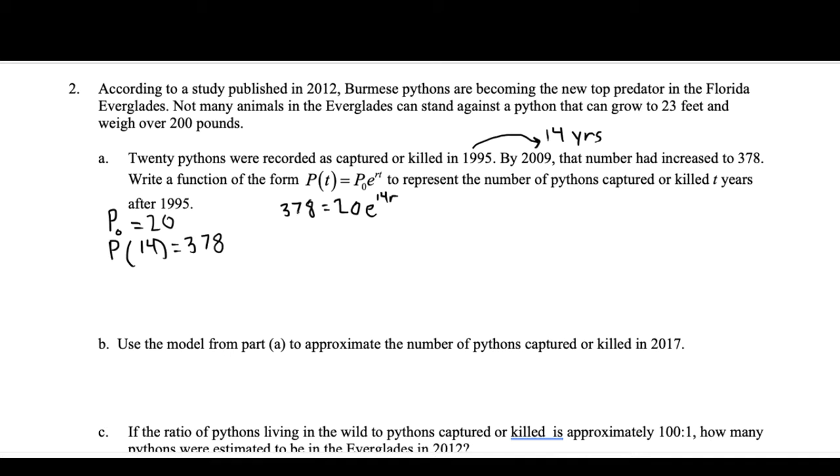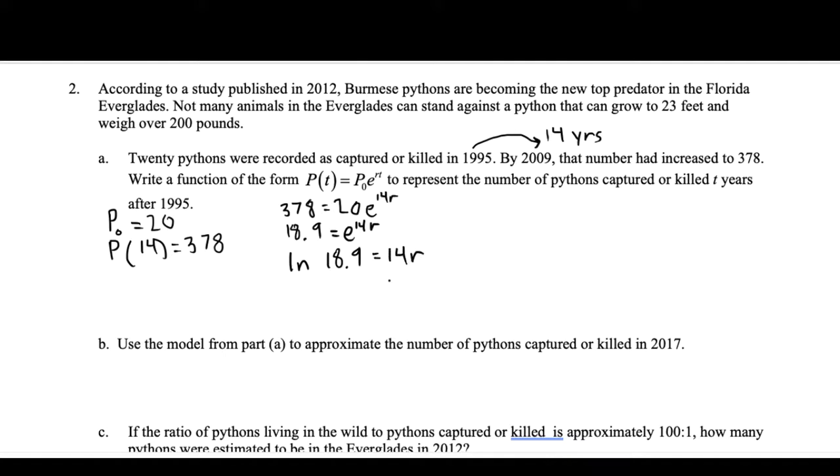So if I divide both sides by 20, I will get 18.9 on the left. 378 divided by 20 is 18.9 equals e to the 14r. And then if I put this in logarithmic form, I will get ln of 18.9 equals 14r.